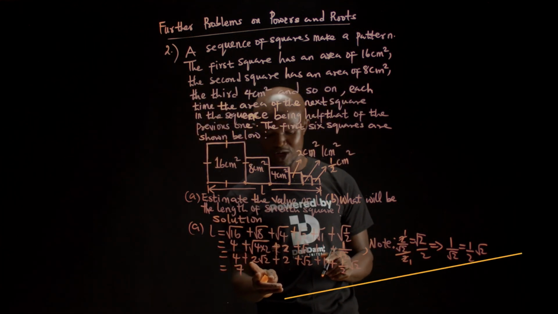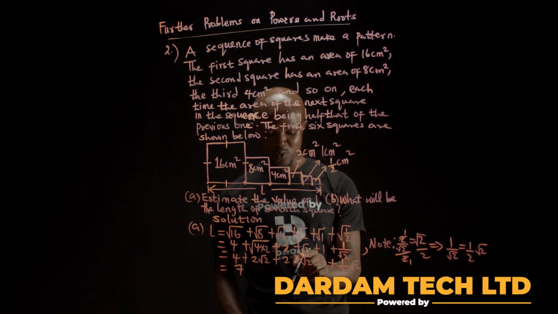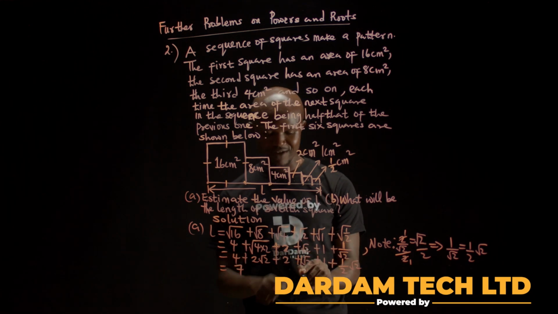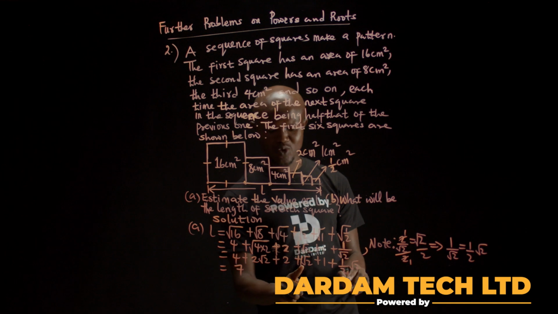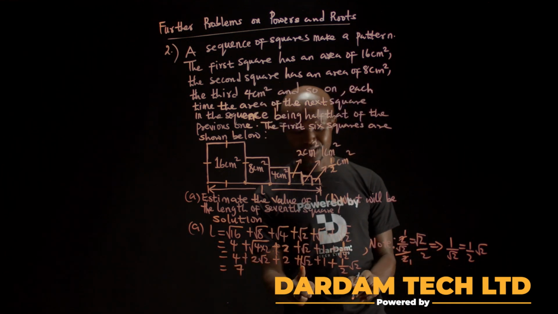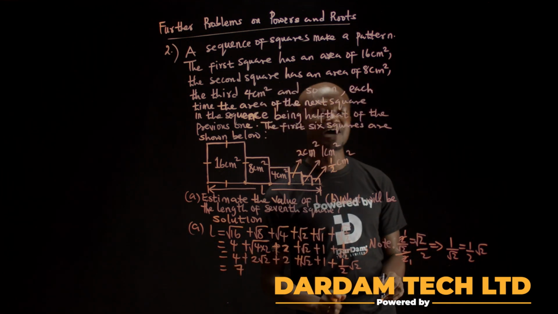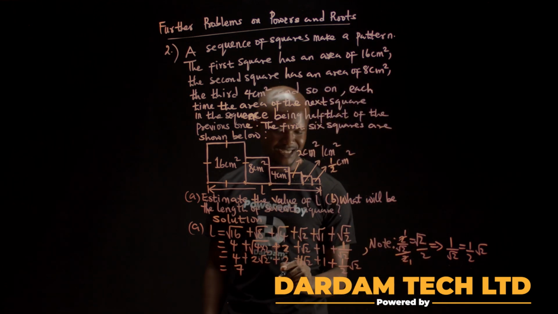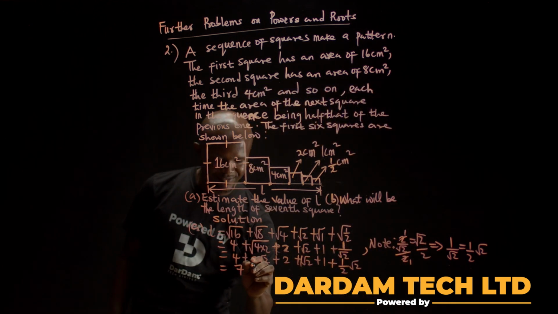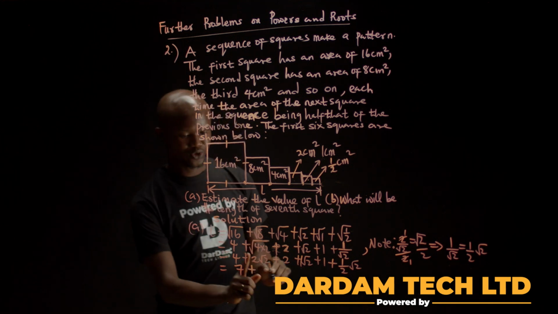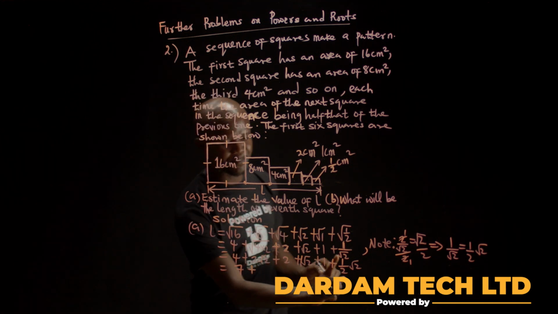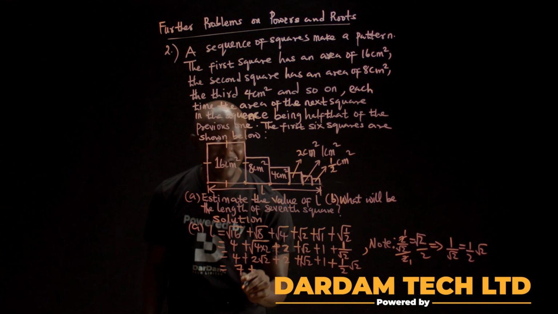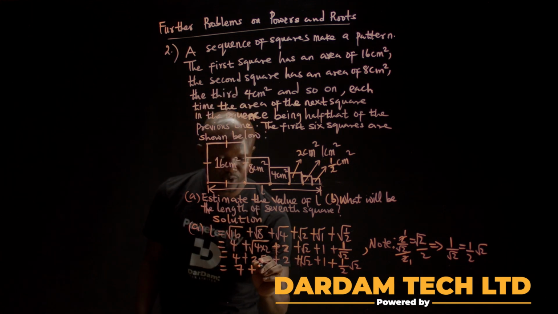Now the ones with root 2, what do we have? This is like 1 root 2. So 2 plus 1, that is 3. Then 3 plus half, that's 3 and a half. So we have 3 and a half root 2.